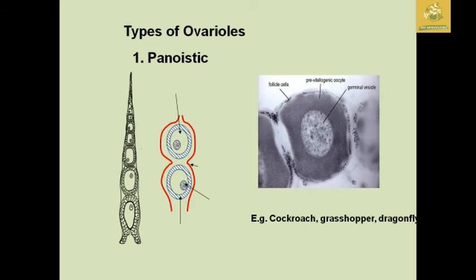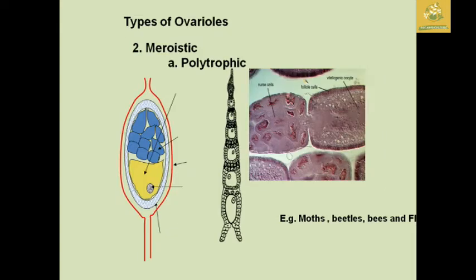While seeing the types of ovaries, in the Panoistic you can see the presence of follicle cells, the primary oocyte inside the cell, and the germinal vesicle, which is the nucleus inside the cell, as well as the peritoneal sheath, which separates the ovarioles. It is found in cockroaches, grasshoppers and dragonflies.